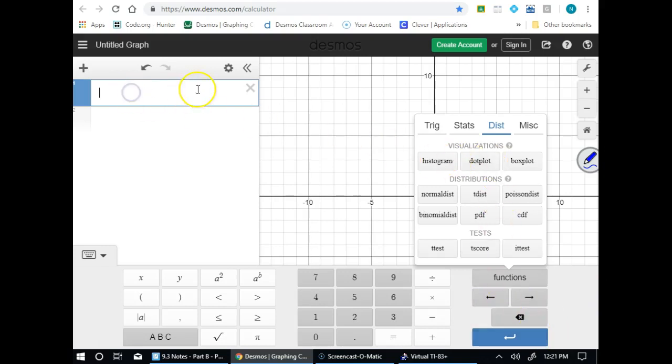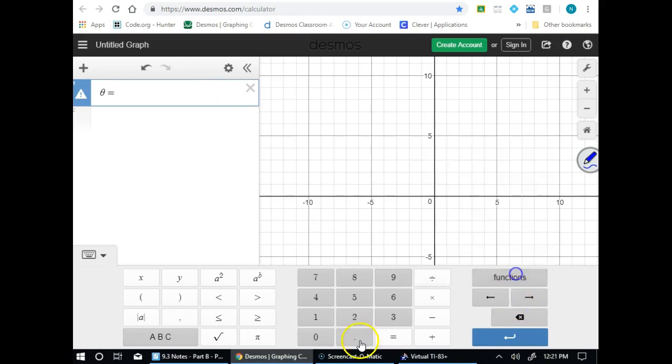There's only one way to get theta, and that is just to type theta, and it turns it to a theta. I don't think there's any other way to get to it. I thought there was, but there's not. So type theta and do 150.